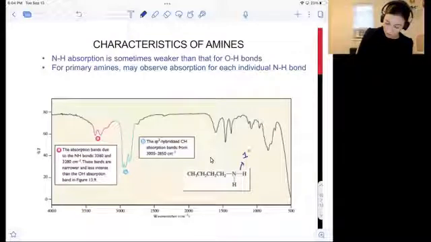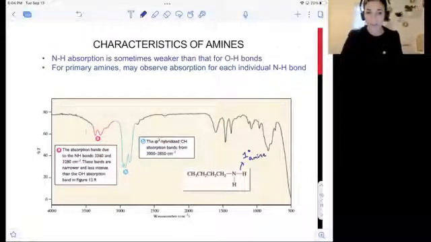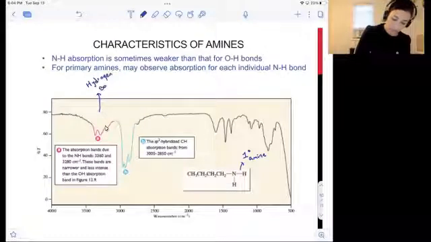This is known as a primary amine because this nitrogen actually has two NH bonds. Again, because it's a polar bond with hydrogen bonding capabilities, it's no surprise that we see it in a similar region of the spectrum where we see the OH stretching. This higher energy region is often known as the hydrogen bonding region, where we find our OHs and NHs.